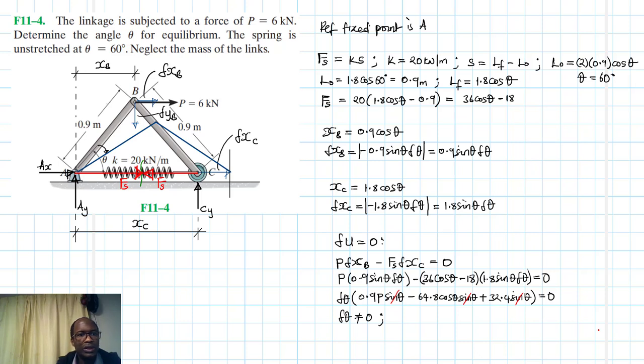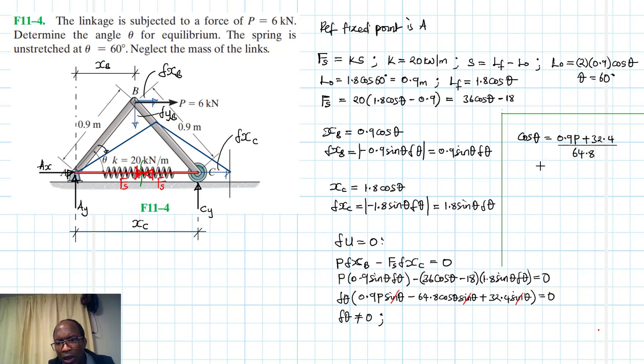Then we can write this equation as follows: cos theta is equal to 0.9 P plus 32.4, divided by 64.8, and we know that P is equal to 6 kilonewtons.